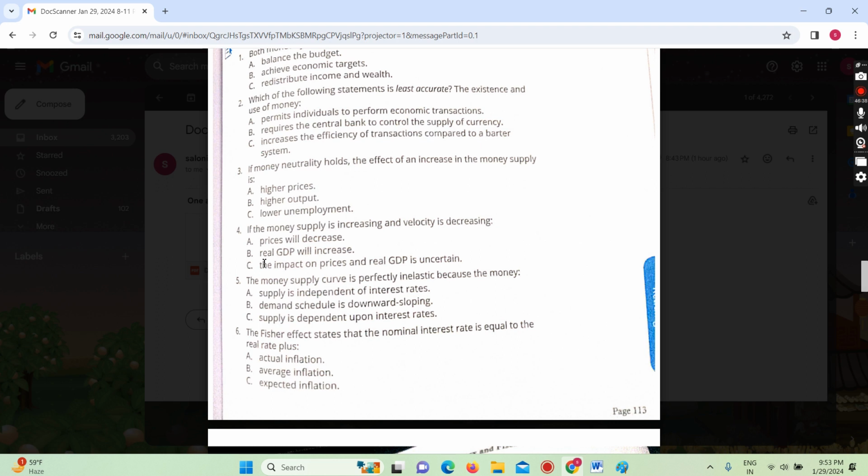The money supply curve is perfectly inelastic because the supply is independent of the interest rate. We have read the graph as well for the same.